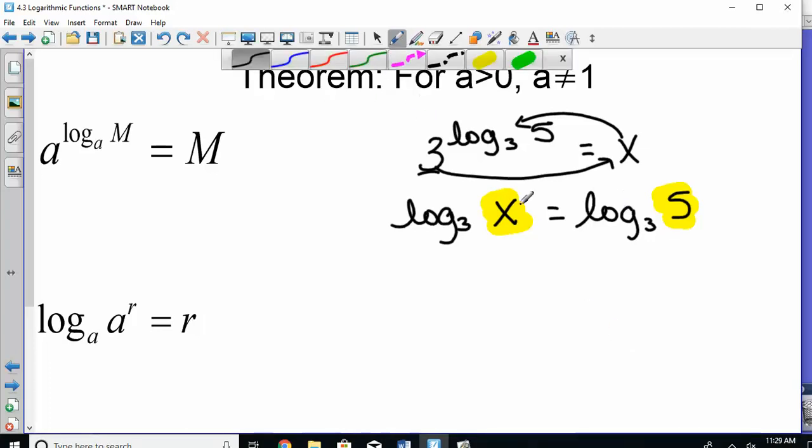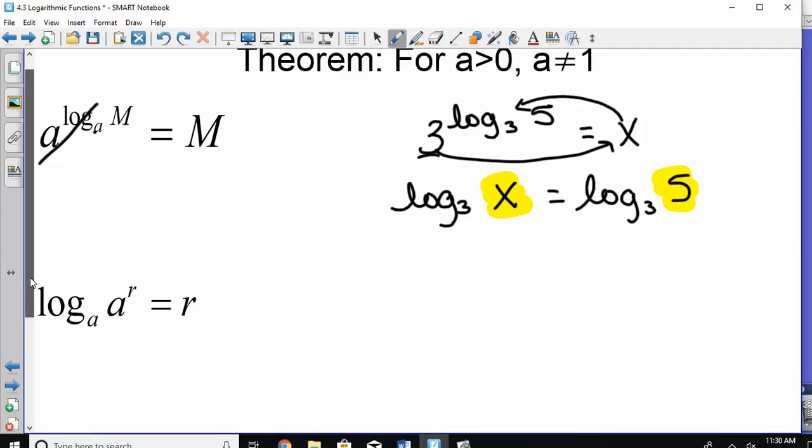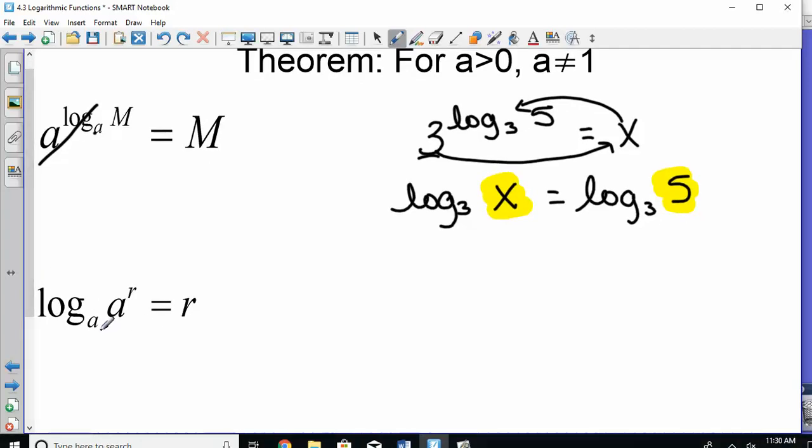So you could always work it out and recreate it, but if you have the base of the exponential and the base of the log the same, they will just drop each other out. So the second one is pretty much the same thing, except I had the log first. So if I said log base 3 of 3 to the 5th. We could even use properties of logs to simplify this. What was that third property that we wrote down? Product, quotient, and power, right?